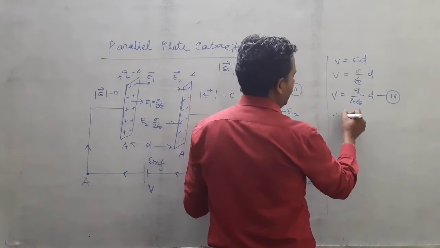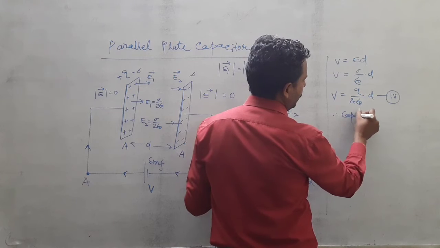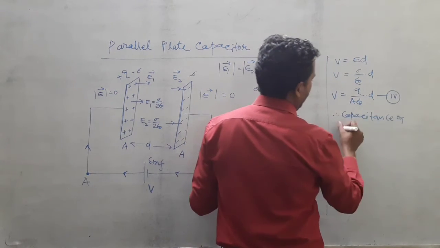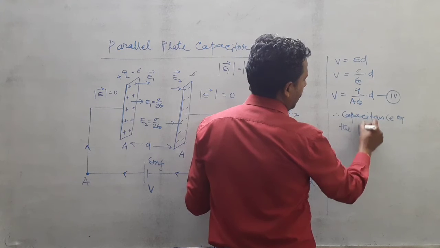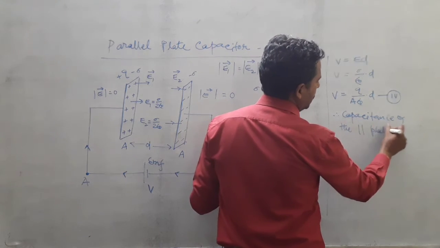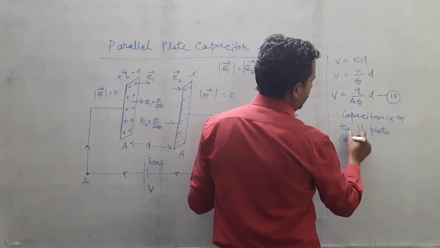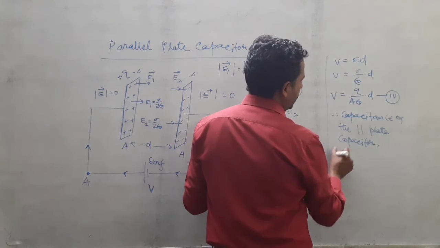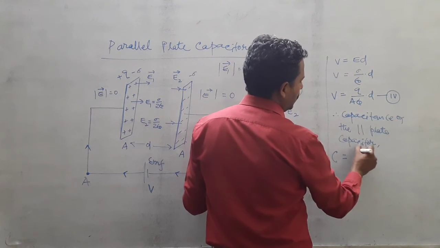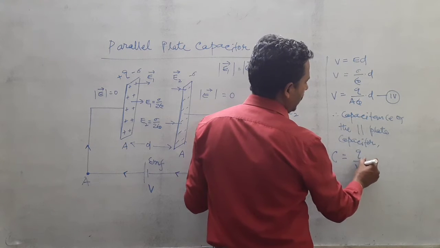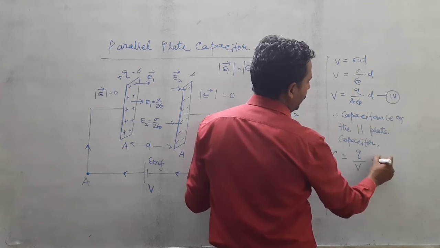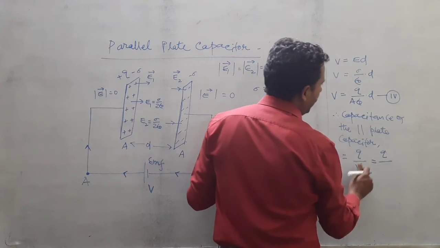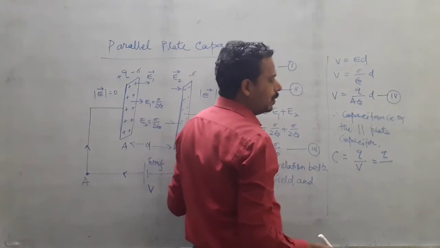Therefore, the capacitance of the parallel plate capacitor would be C is equal to Q by V. Now put the value. Your Q is Q and V from equation 4.